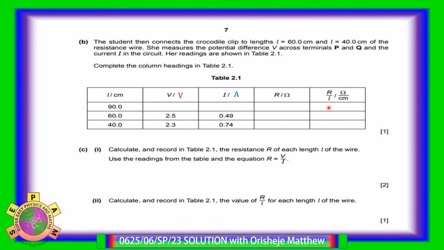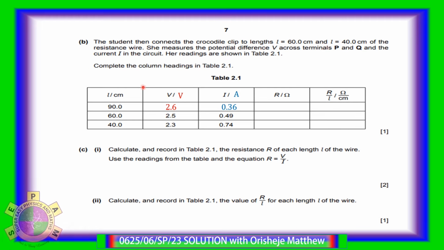Then you have the resistance per unit length, that is resistivity, so the unit is going to be resistance in ohm divided by length. So this is how you get your unit. Now let's put the values. The first one was 2.6 volts, 0.36 ampere. Now with this, you can calculate the resistance.